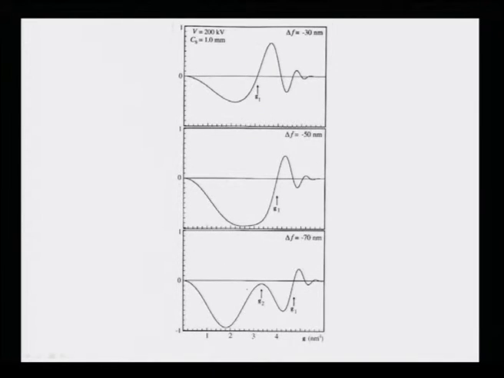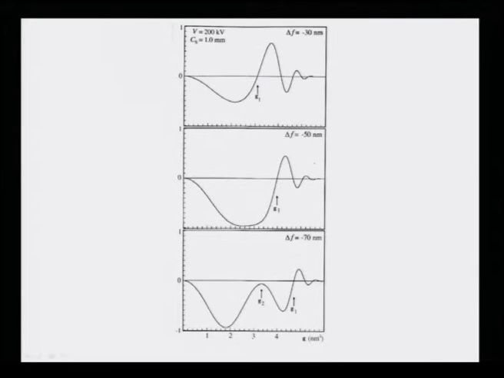Now, if we keep the Cs at 1 millimeter, because that is the best possible we have seen, and then vary the defocus from minus 30 to minus 50 to minus 70 nanometers, one can see how these things are changing. As you go from minus 30 to minus 50, this width is changing, the g1 is also changing, and the crossover point at which this transfer function is 0 is also changing.